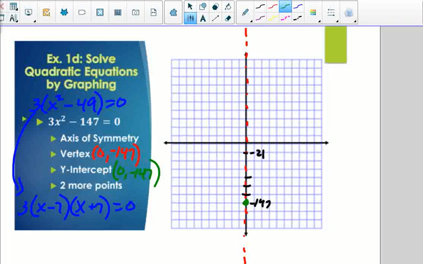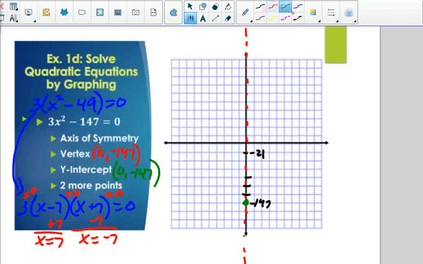Now 2 more points that I need to plot. You can see that when I factored this, I can make everything equal to 0. So I don't have to worry about the 3. If I want to make x minus 7 equals 0, I need to add 7 to both sides, so x can equal 7. If I subtract 7 on both sides here, x will equal a negative 7.